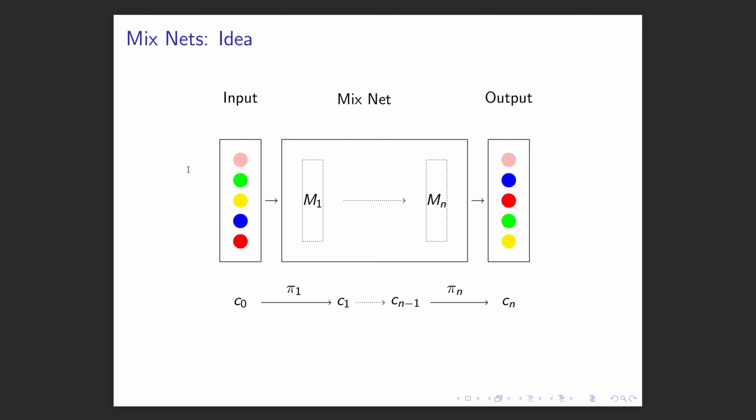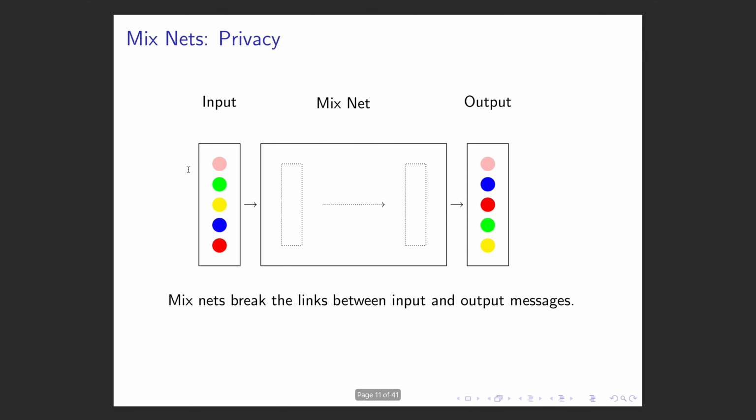Each of them is applying some kind of permutation and then doing their appropriate part of the transform. And so the input and the output should have the same messages, but permuted according to a permutation which is the product of all the different permutations used. And provided one of these permutations is unknown, it shouldn't be possible to figure out what the overall permutation is.